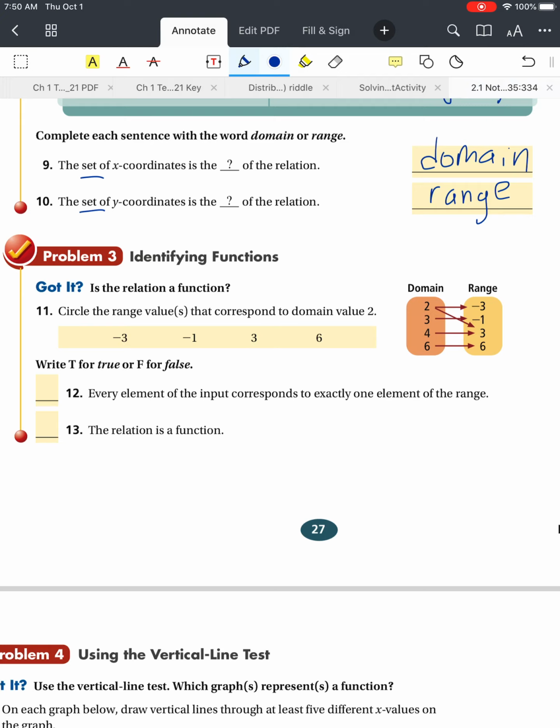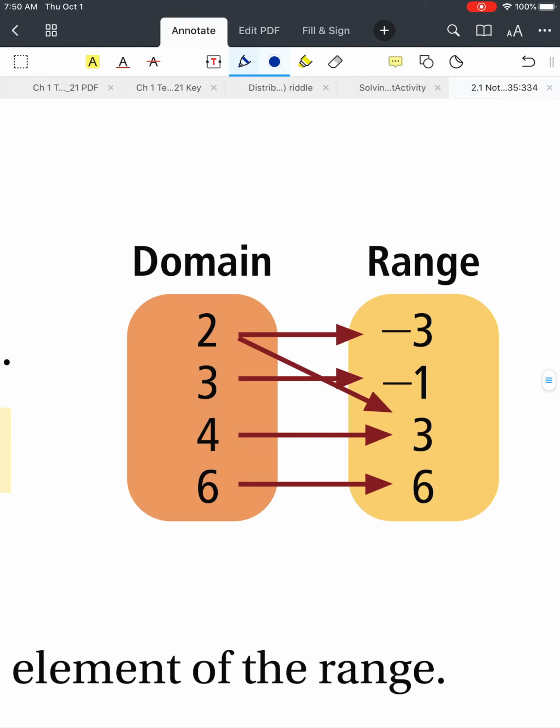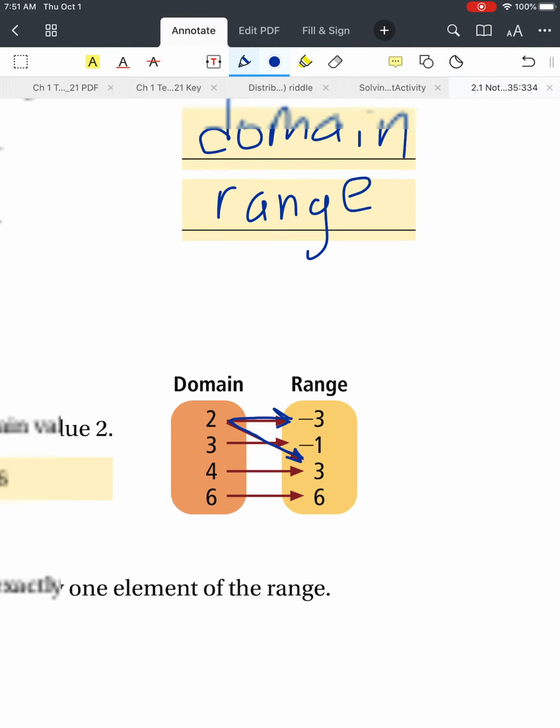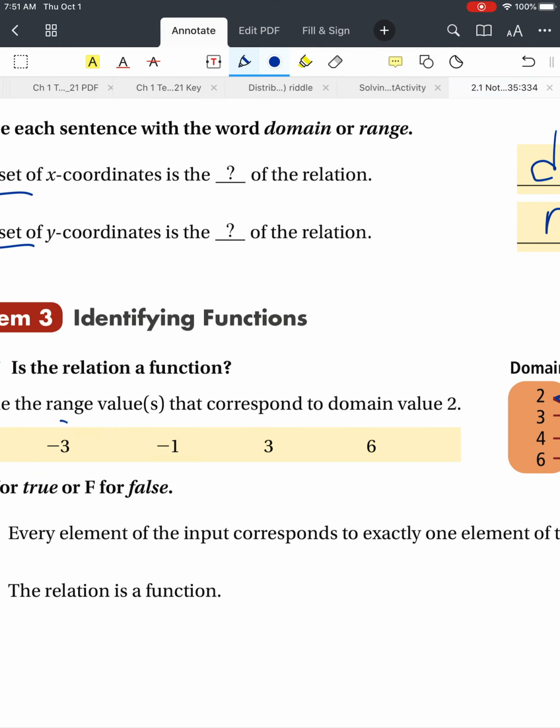Circle the range values that correspond to domain value 2. Let me see here. So we have domain value 2 right here. This is a mapping diagram. So 2 actually has 2 different outputs. It gets sent to -3, and it gets sent to +3. Sorry, -3 and +3.